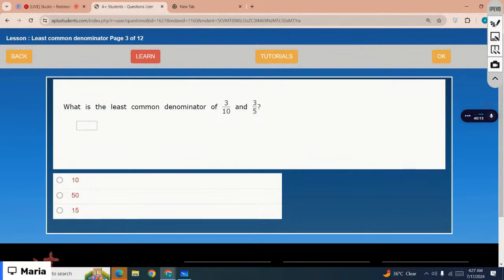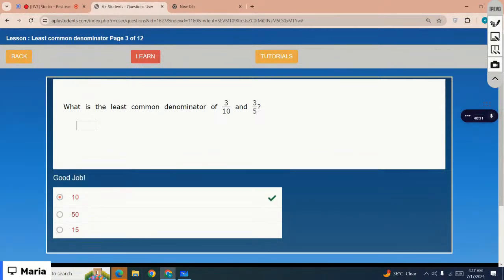So the least common denominator of 10 and 5 is 10. Yes, then the correct option is 10.